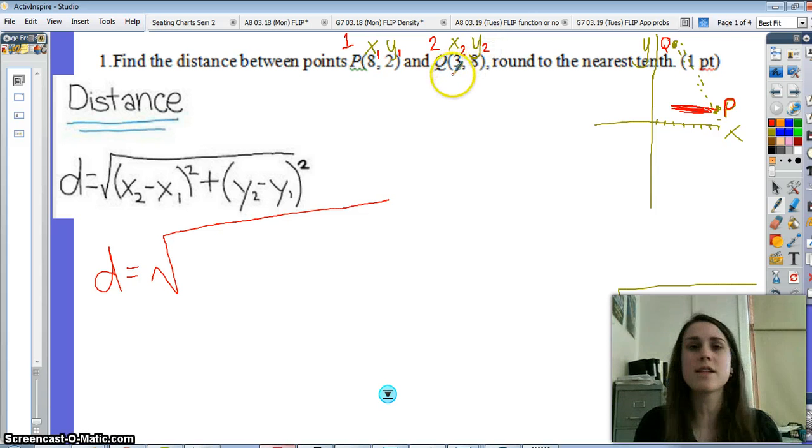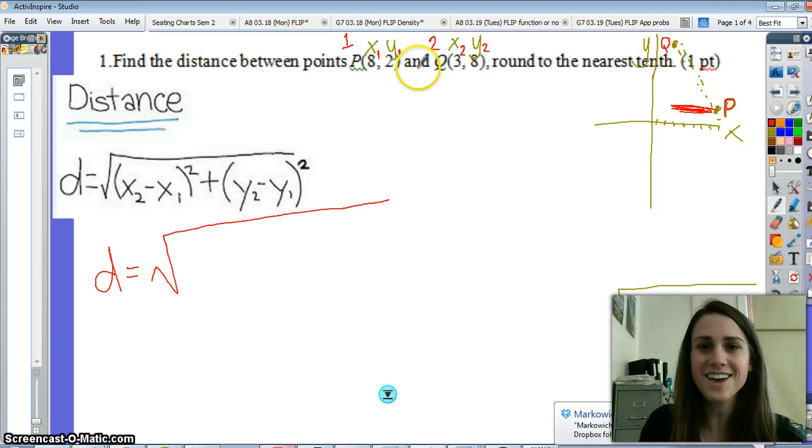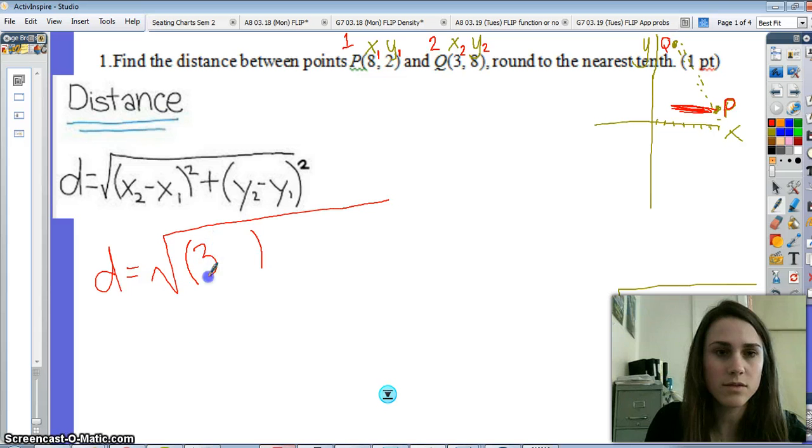So instead of calling them points P and Q, we're calling them points 1 and 2. That kind of rhymes. Okay, so the distance between the x coordinates, we have x2 is 3, and x1 we've now called 8. Remember, we're subtracting that distance and we're squaring it.